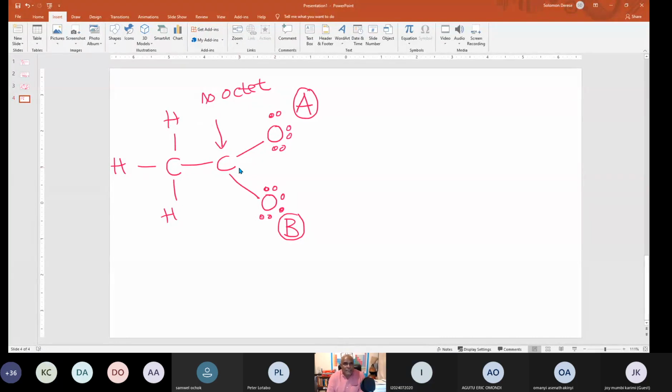How many possibilities do we have? Two possibilities. We can use the electrons on either oxygen to form a double bond with the carbon.